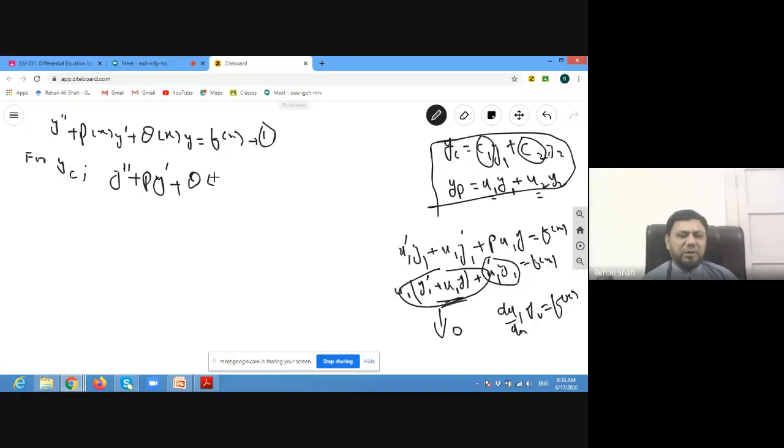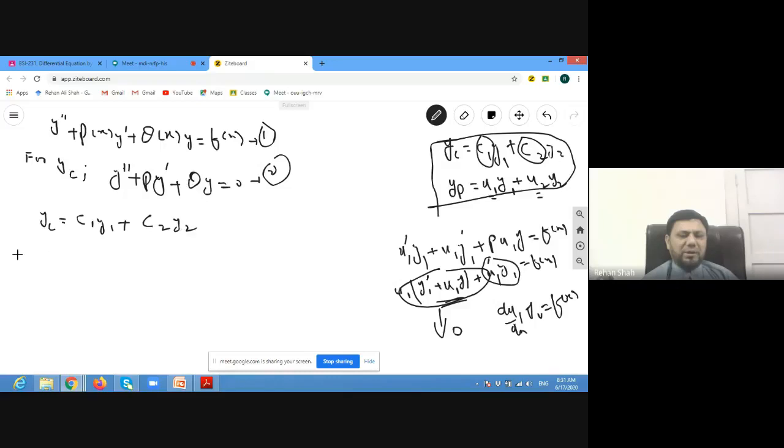Remember that q is a function of x. So what will be the solution of equation 2? If you remember, yc will be equal to c1 y1 plus c2 into y2. If it is second order, this will be the complementary solution.